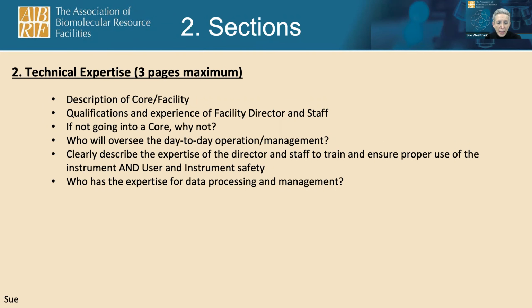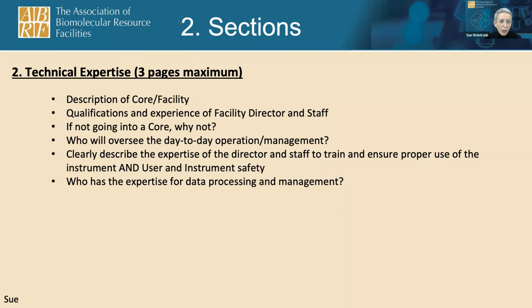Technical expertise. As I said, I tend to put the description of the core facility per se in the beginning of the justification more as an introduction, but you do want to say what is available in the core, and in at least one or more places, you will clearly list what equipment you have.